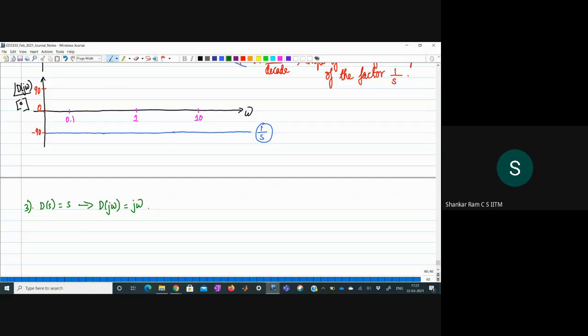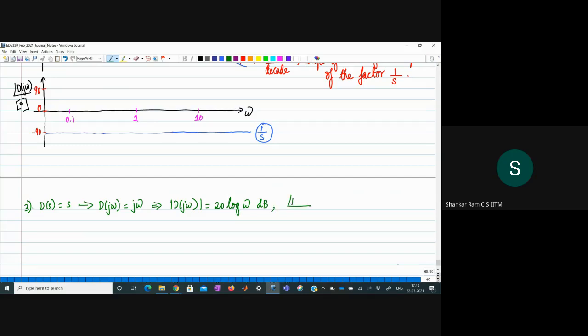This implies that the magnitude of D of j omega is going to be equal to 20 log omega decibels, because the magnitude is only going to be omega. If I take it in decibel measures, it comes as 20 log omega decibels.